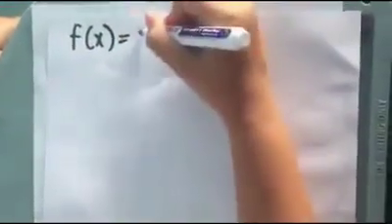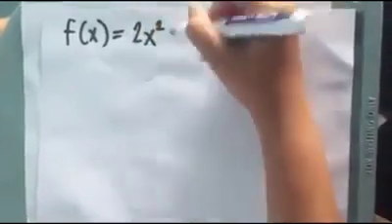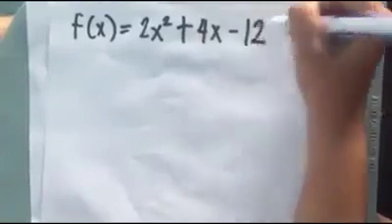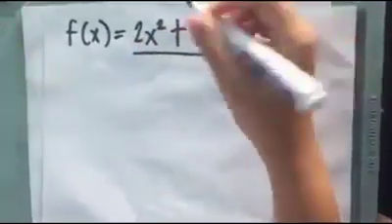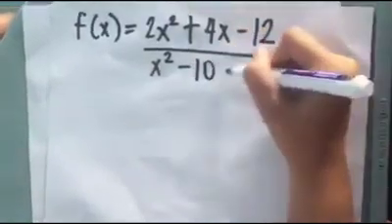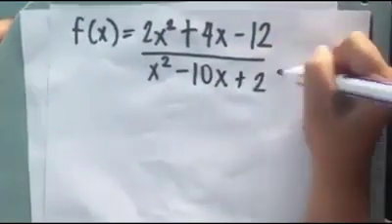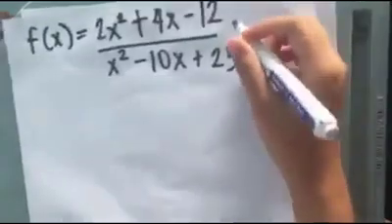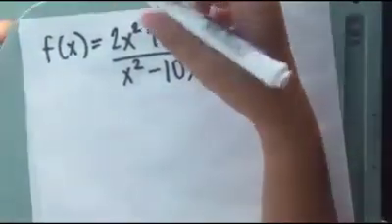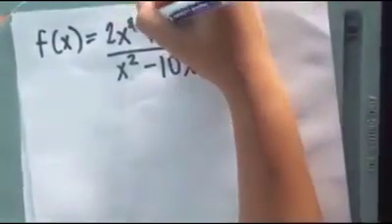Let's try this example. F of x equals 2x squared plus 4x minus 12 over x squared minus 10x plus 25. Notice that the degree of the numerator is equal to the degree of the denominator.